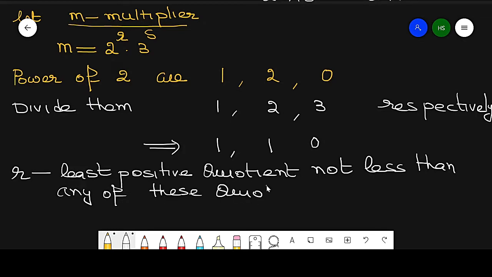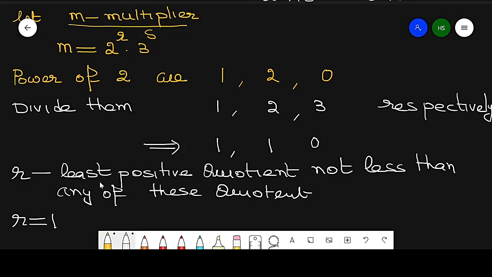Now check that. Here the value of r will be 1, because the least positive integers are 0 and 1. But 0 is less than 1.